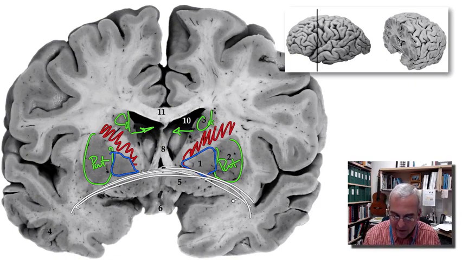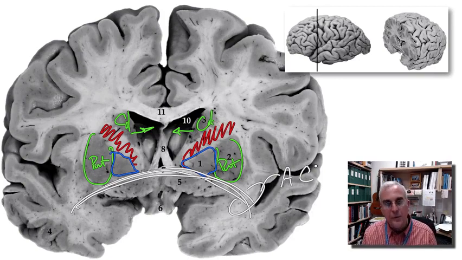Hopefully you will recognize this as the anterior commissure. So the anterior commissure is a helpful landmark because it helps us recognize where we would expect to find the globus pallidus. The globus pallidus sits in a bit of a triangular region between the putamen, the internal capsule, and the anterior commissure.